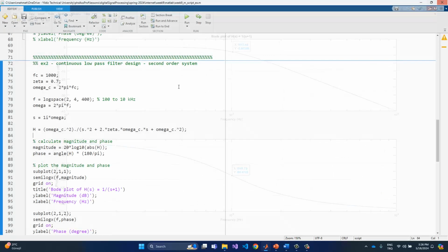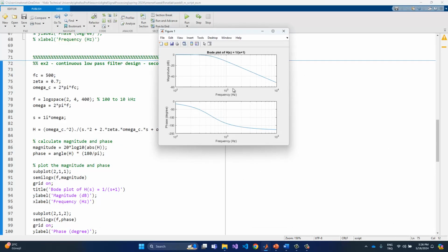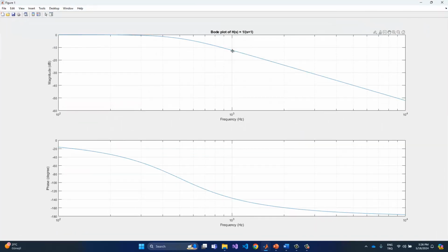But if I choose a different frequency value here, for example, we can easily set the cutoff frequency to 500 here. See that this is the cutoff frequency, right?